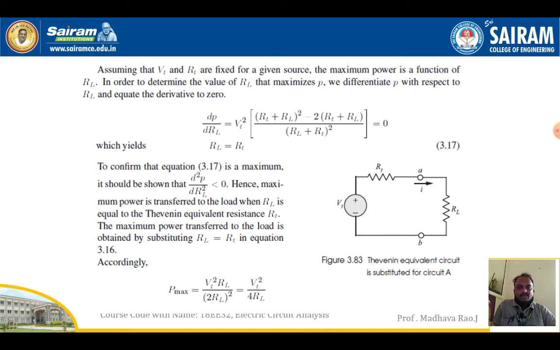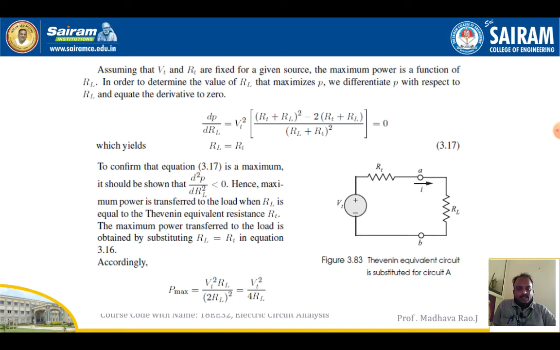Load resistance should be equal to Thevenin's resistance. So dP by dRL is equal to 0, and you simplify this: RT plus RL whole square minus 2 into RT plus RL, equal to 0. Apply the formula A plus B whole square minus 2 into A plus B.